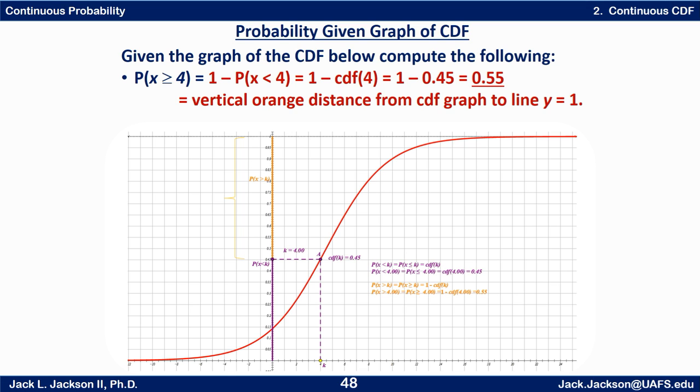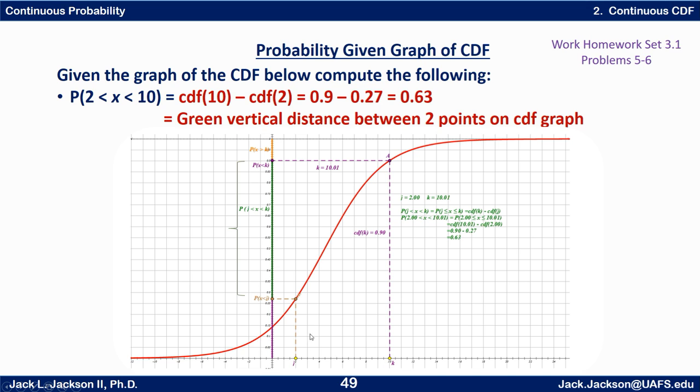And of course, we would compute that by 1 minus the y value on the curve. So 1 minus CDF of 4 is the probability that x is greater than 4. And if you want the probability between two numbers, it's the difference in two y values. So it's the CDF of the latter one minus the CDF of the first one. So CDF of 10 minus CDF of 2 in this case. And again, that gives us a vertical distance here, which I've pictured in green.